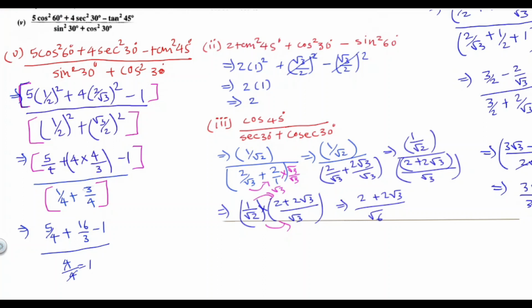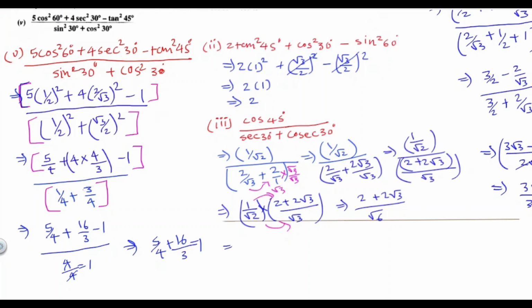Now we are only left with the numerator here, because the denominator is equal to 1, so we can write it or not, there is no difference. So we just write 5 by 4 plus 16 by 3 minus 1.